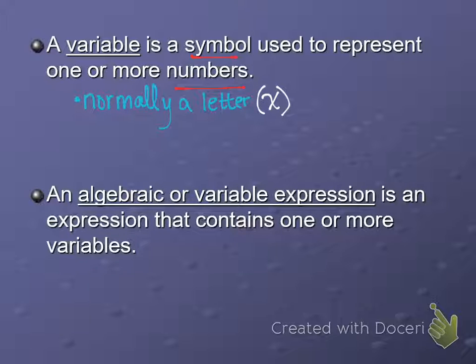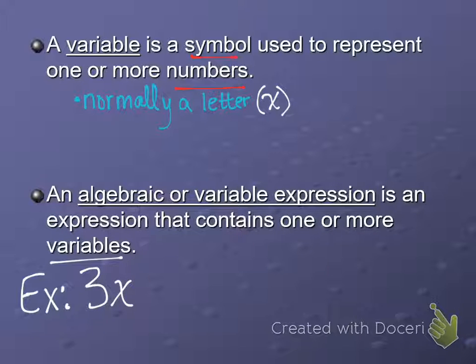All right, an algebraic or variable expression is an expression that contains one or more variables. So for example, we could have something as simple as 3x. That's a variable expression.